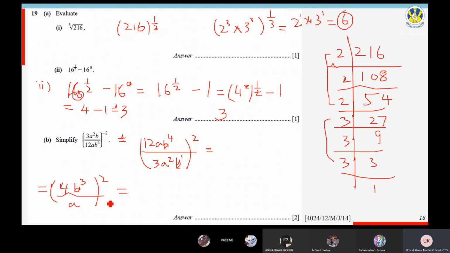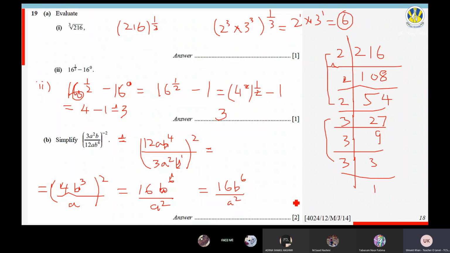Okay. Now it's easier to simplify. So 4 square is 16, b to the 3 multiplied by 2 is 6, and over a square. So the answer is 16b to the 6 over a square. Clear? Yes, sir.